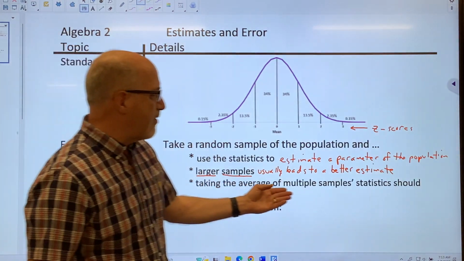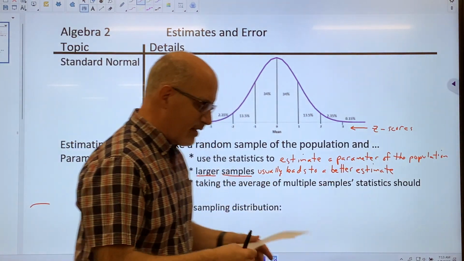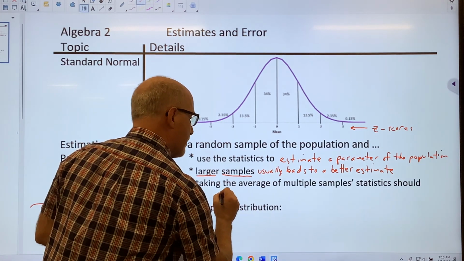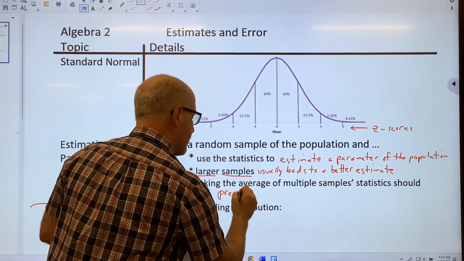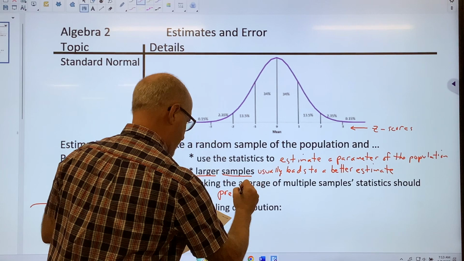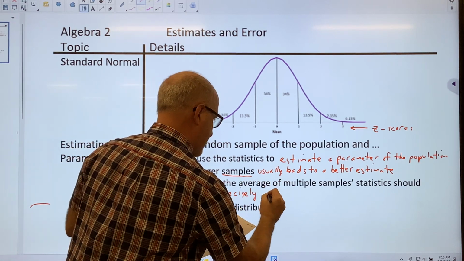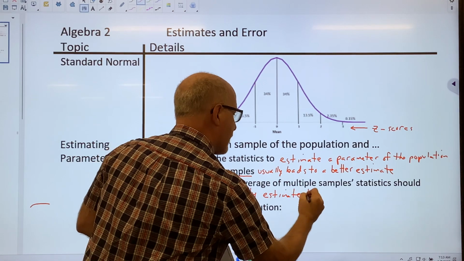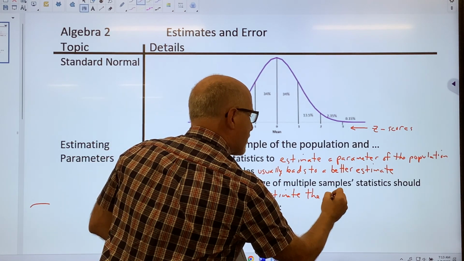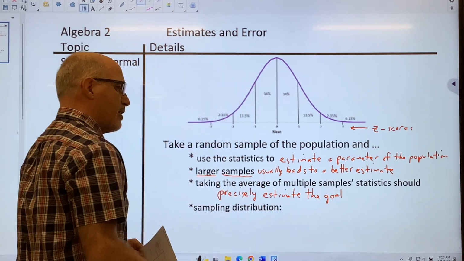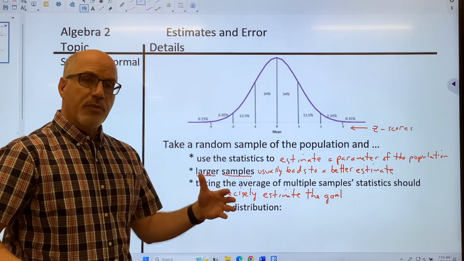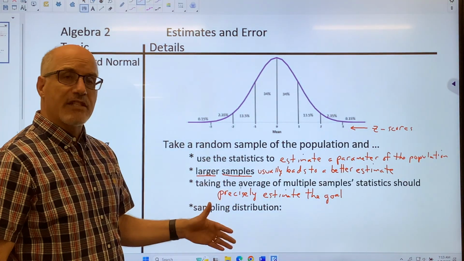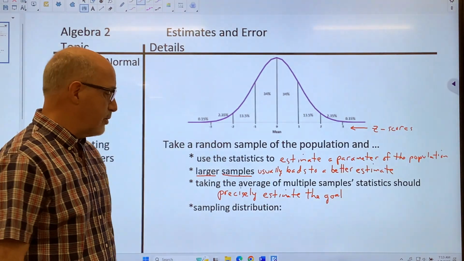So taking the average of multiple sample statistics should precisely estimate the parameter. After all, that is our goal, is to estimate what the parameter is, and if we can do multiple samples, find those statistics, and that leads to a better estimate, that's often a technique that is used.